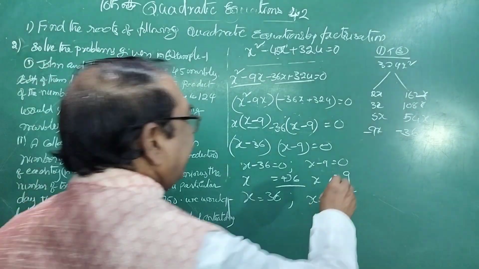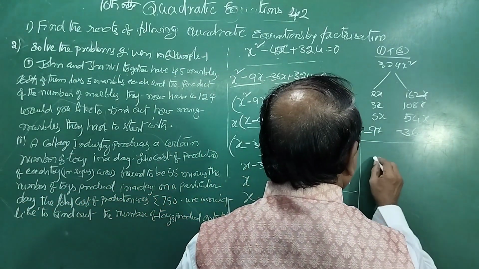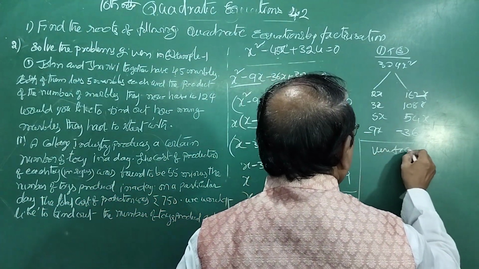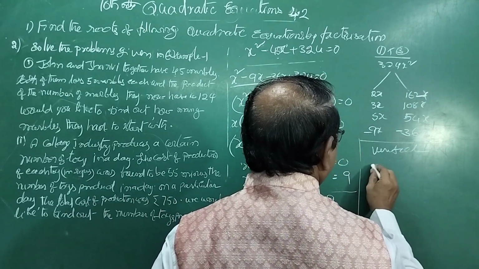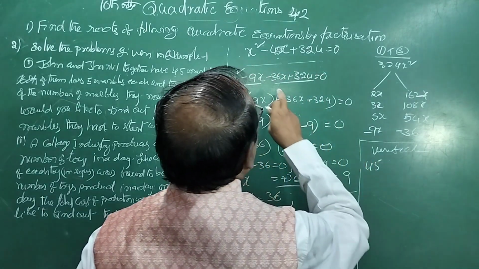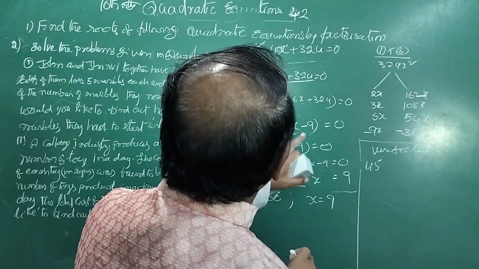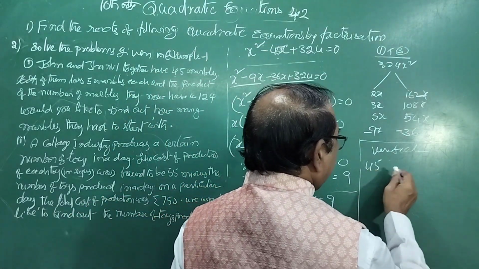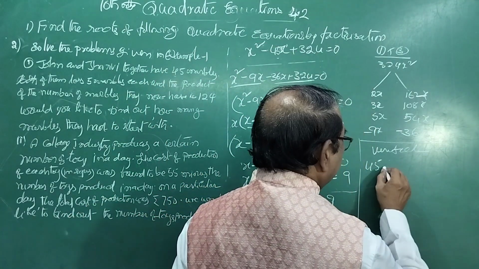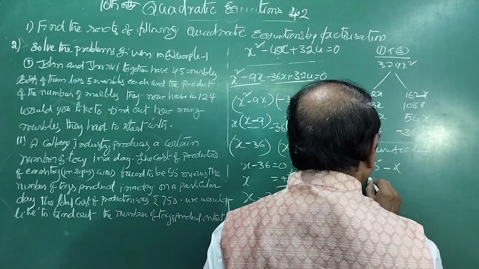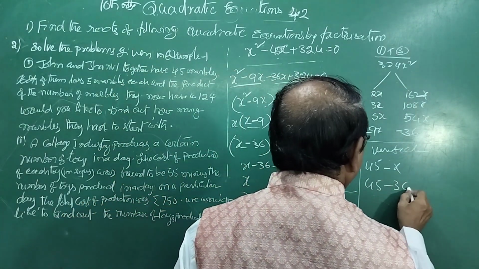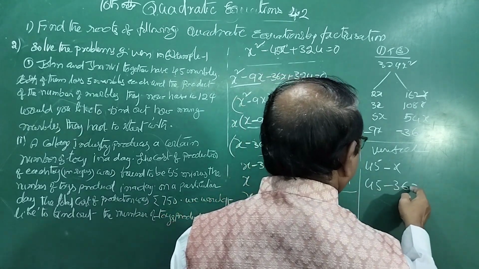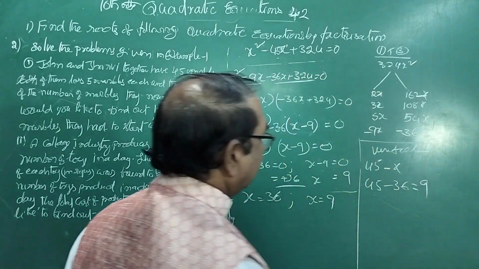Now let us verify the total 45 marbles. Verification, let us do verification. Total 45 marbles, John and Janvi. John has x marbles, Janvi has 45 minus 36, that is equal to 9 marbles.